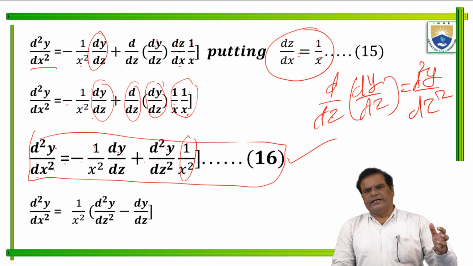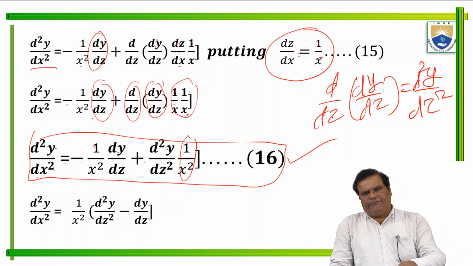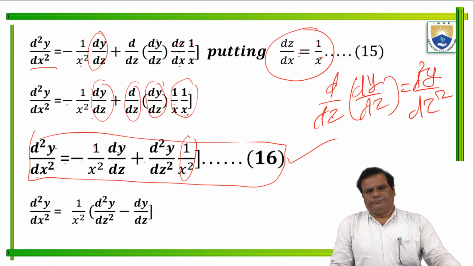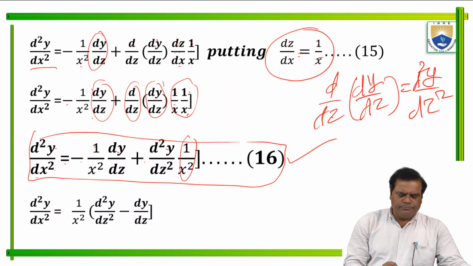You want to understand how we can find this equation 16. Now 1/x square is common.